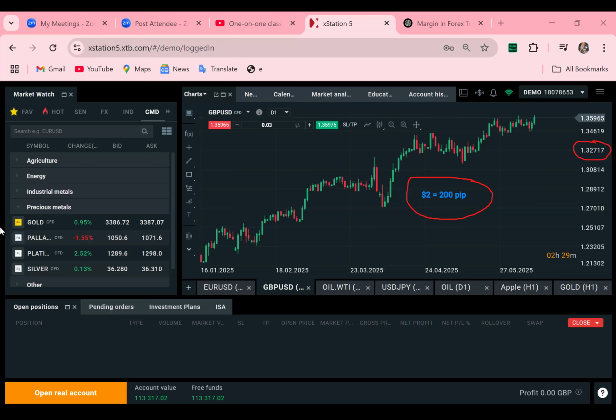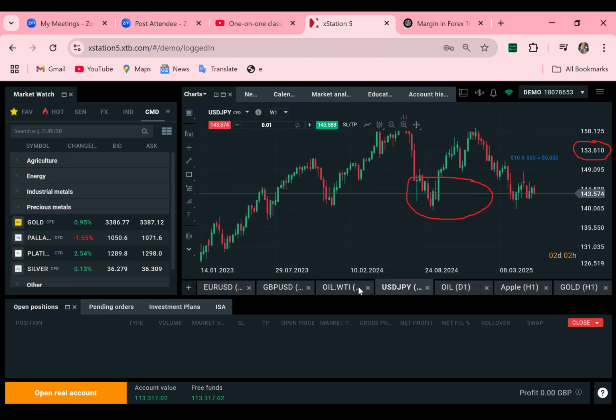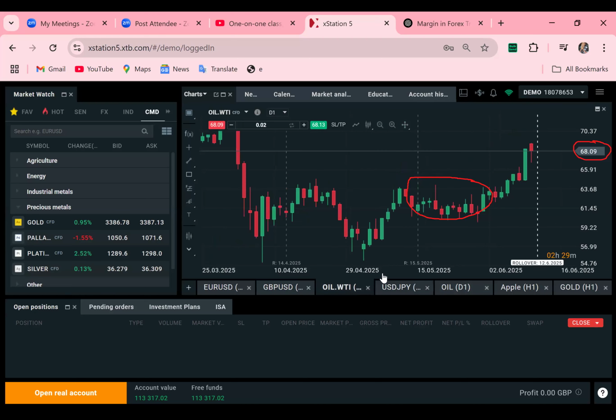Now, commodity trading is also applicable the same way. It's also done on margin. For example, this is $68.09, for example, on oil. So for the price of oil to get to $69, it has to go through 99 cents for another $1 to add here.